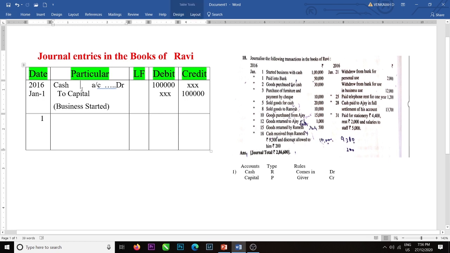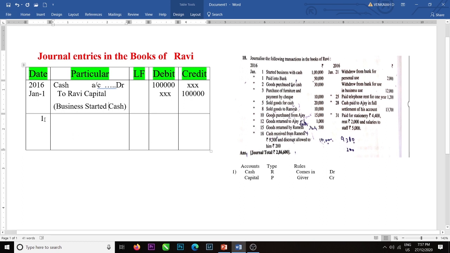So cash account debit to Ravi capital account. Ravi capital account is credited because he is the giver. The explanation to the transaction is called narration. Business started with cash. Okay, students, this is the method we are passing journal entries.